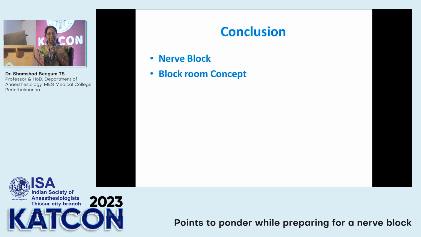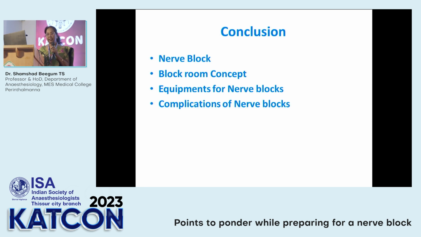The block room concept was introduced recently to reduce the surgical time in between. We can conduct the block parallel to the surgery to reduce the operation time. Then equipment for nerve blocks should be arranged properly so that if any problem occurs, we can get it rapidly.